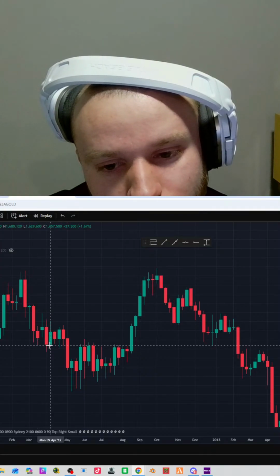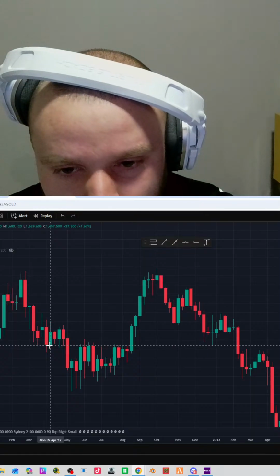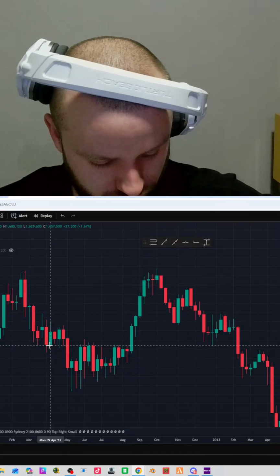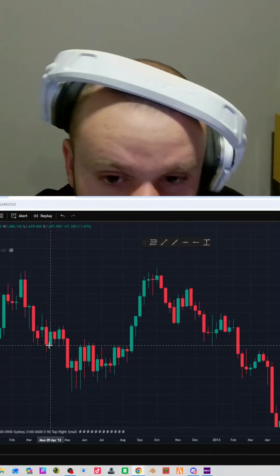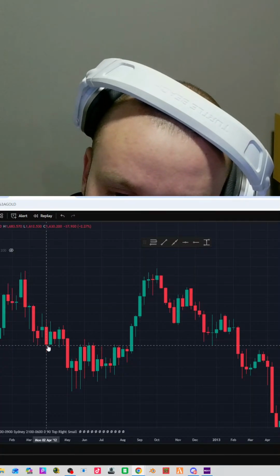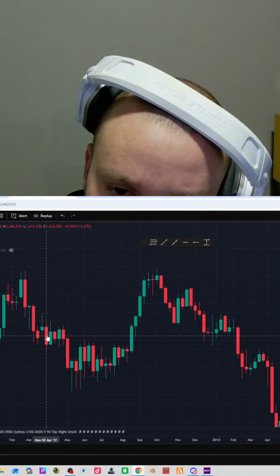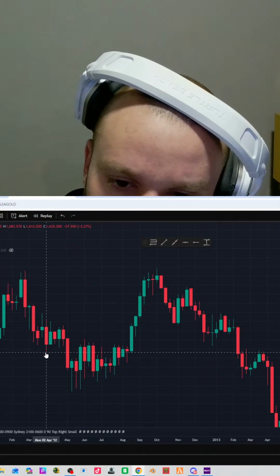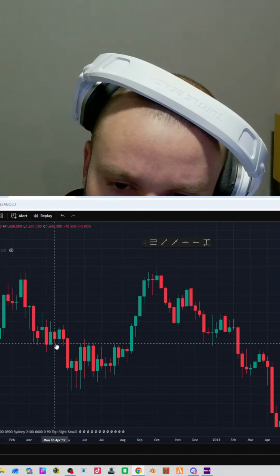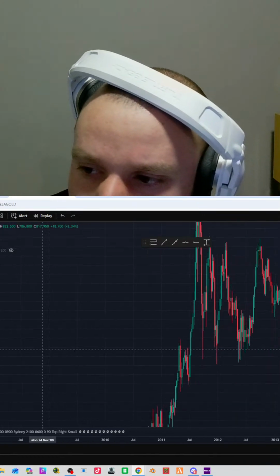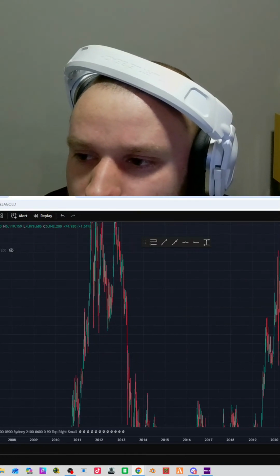Here's an example. New mistake. Going down, going up. Going down and going up. Oh no, this is a downtrend.